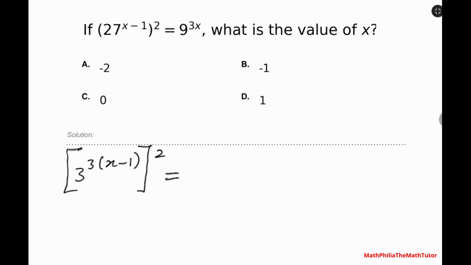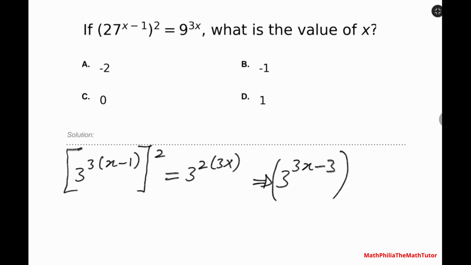This is equal to, well, 9 is the same as 3 raised to the power of 2. Again, we have exponent 3x there, we multiply them. Let's go ahead and distribute this inside the bracket. We have 3 raised to the power of 3 times x is 3x. 3 times negative 1 is negative 3, okay?